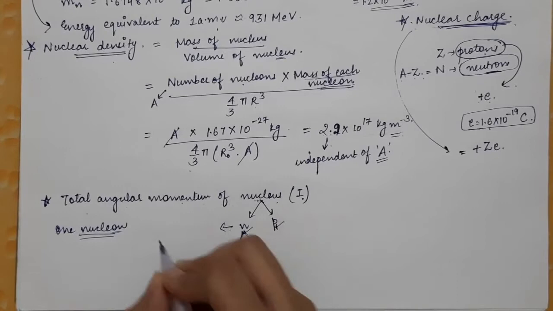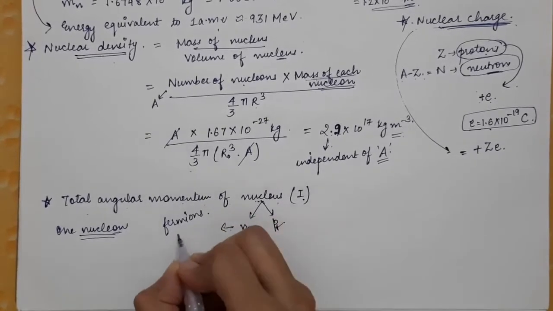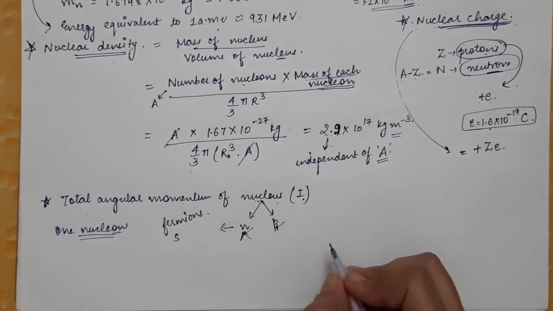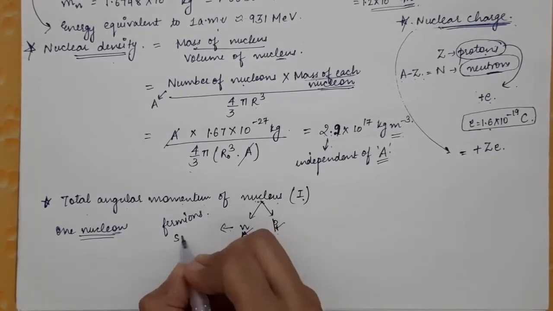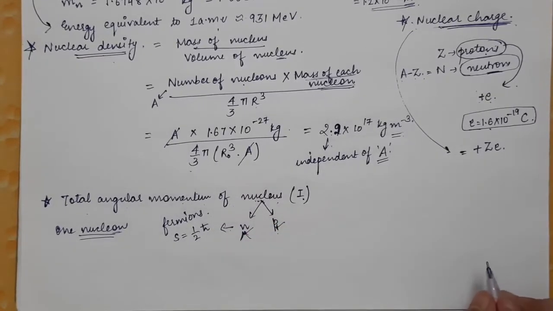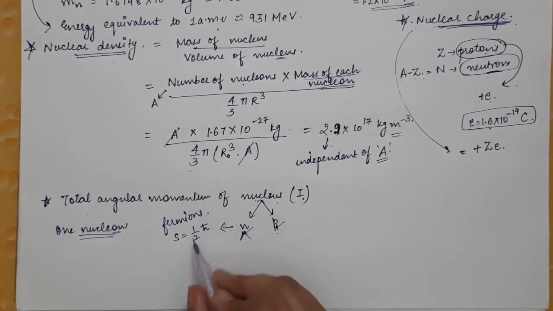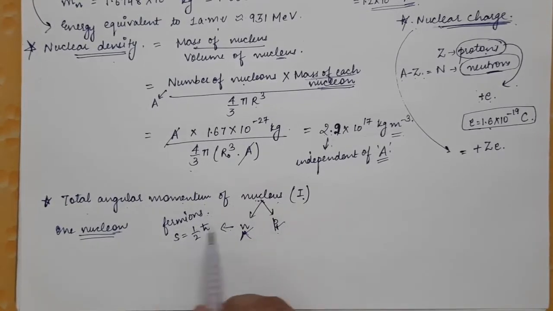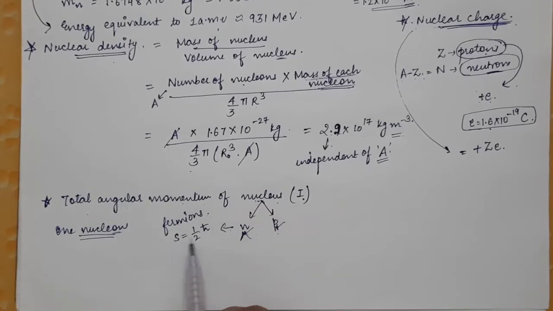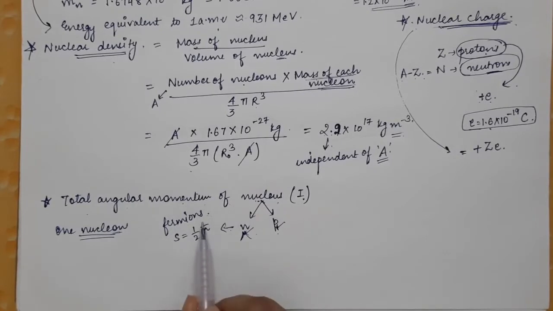So these particles are fermions, that is, the spin angular momentum of these particles takes the value of half h cut. So fermions are the particles that have half integral spin, and since neutron and proton also have half integral spin, or a multiple of half h cut, these particles are called fermions.